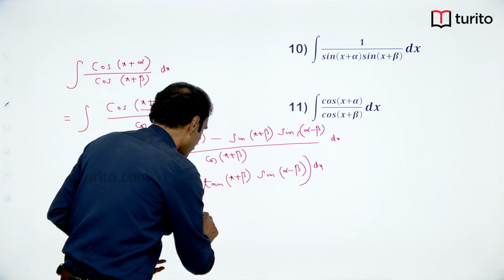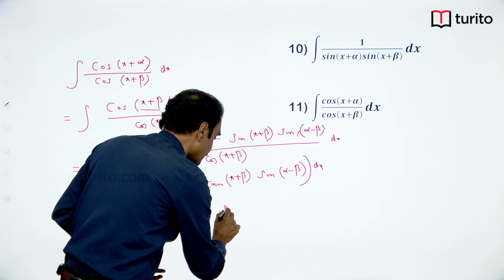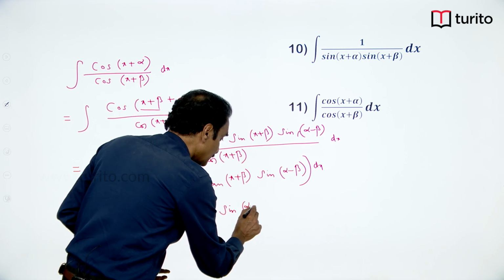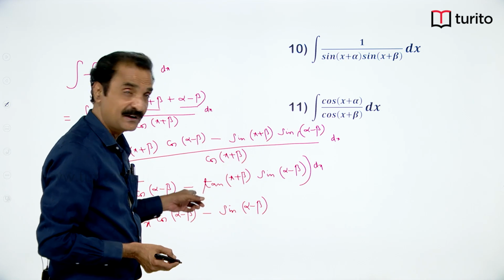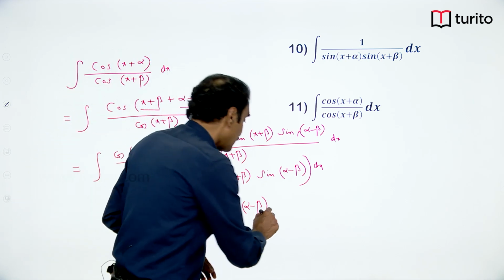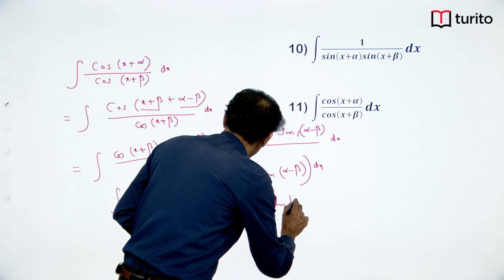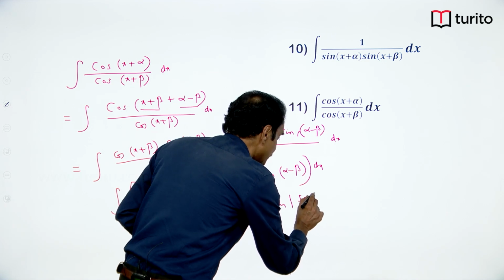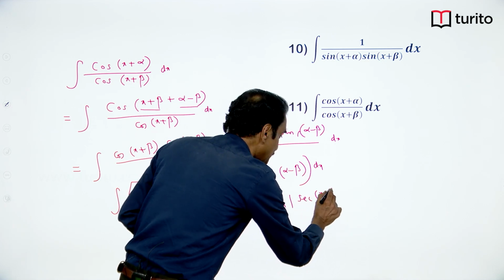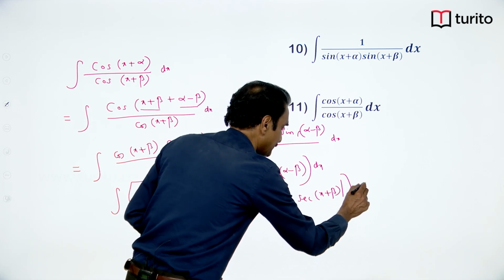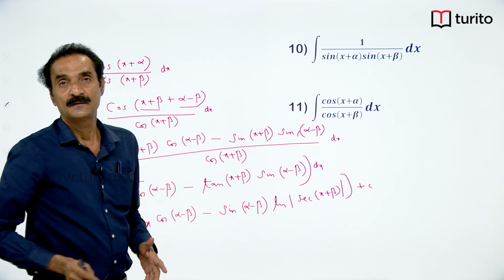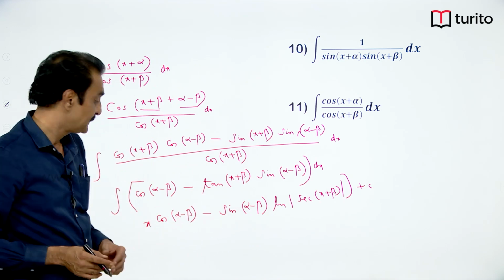So, it will be minus of sin alpha minus beta into ln mod secant x plus beta plus c. Only one c is enough.